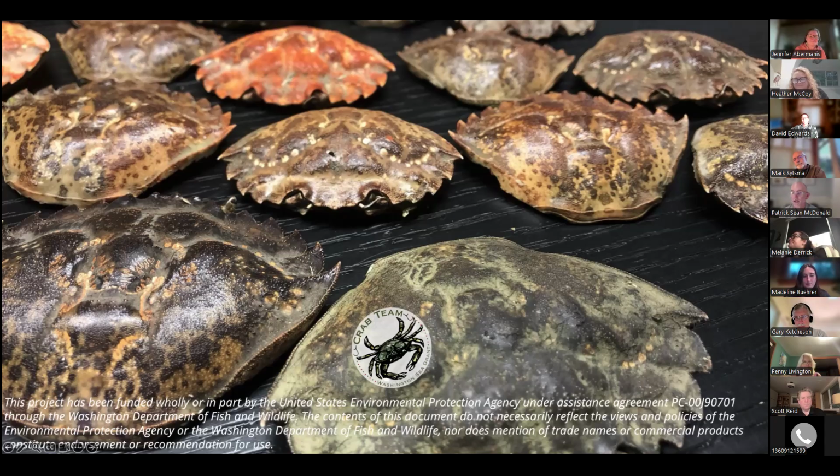Yeah, so in March we start our trainings for Crab Team, for folks who want to be regularly involved in our trapping and monitoring efforts. And around the same time, but really year round, we're doing training as part of the Molt Search protocol.